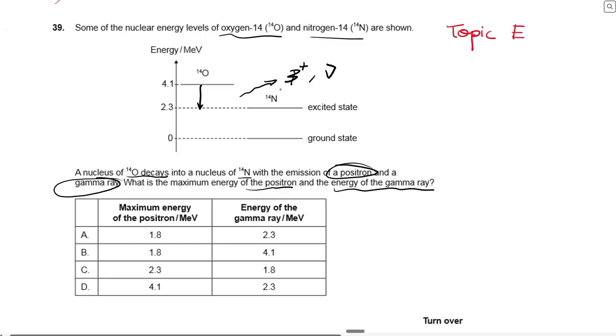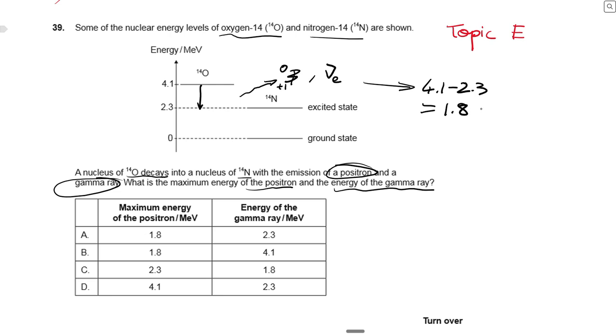Let's put the charge here, +1, 0. The neutrino carries energy, the energy difference. So we have 4.1 minus 2.3 is equal to 1.8, and that's split between these two.